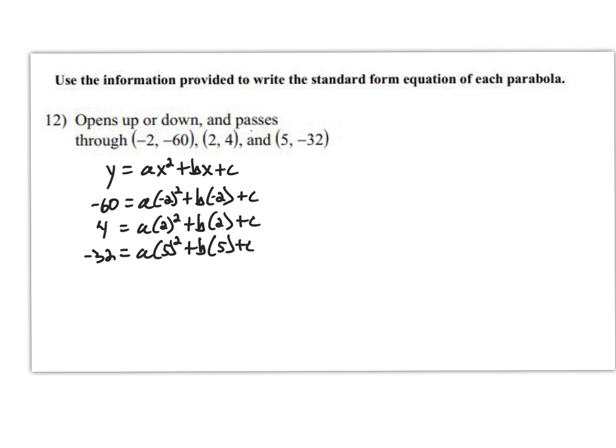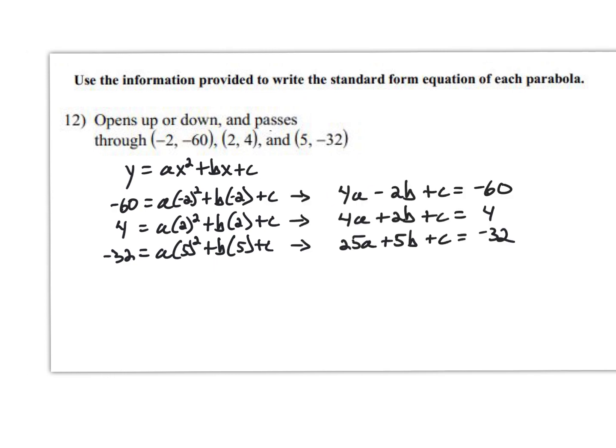So here I've just written all of the equations in y equals ax squared plus bx plus c form, the standard form, by replacing the y and replacing the x's. Now I'm going to go ahead and write these out as equations that we can set up as a system.